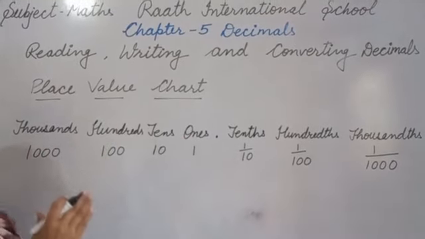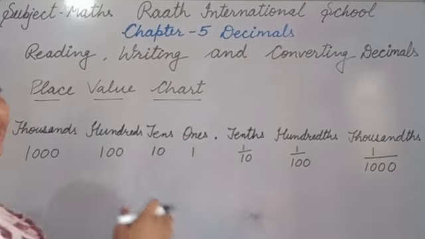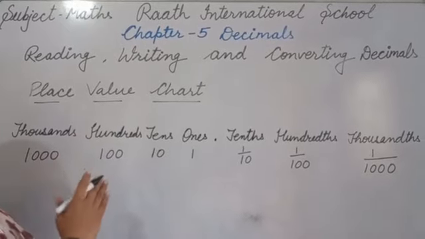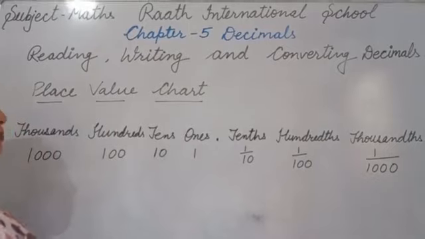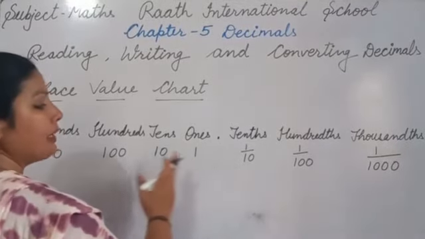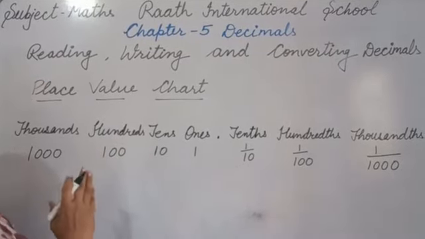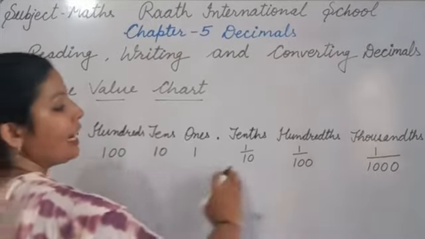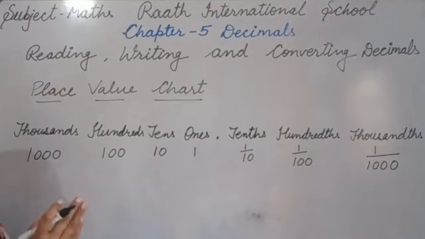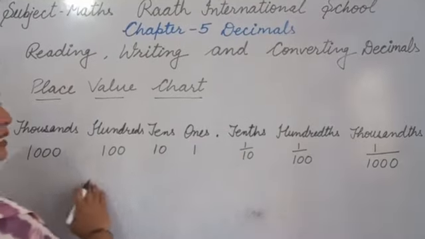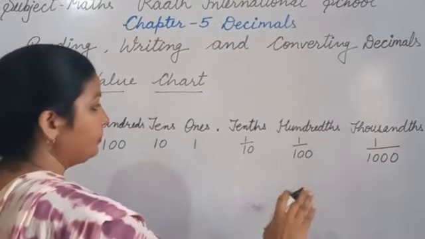As I told you previously, before decimal we have whole number and after decimal we have fractional number. Decimal separates a number into two parts, whole part and fractional part.